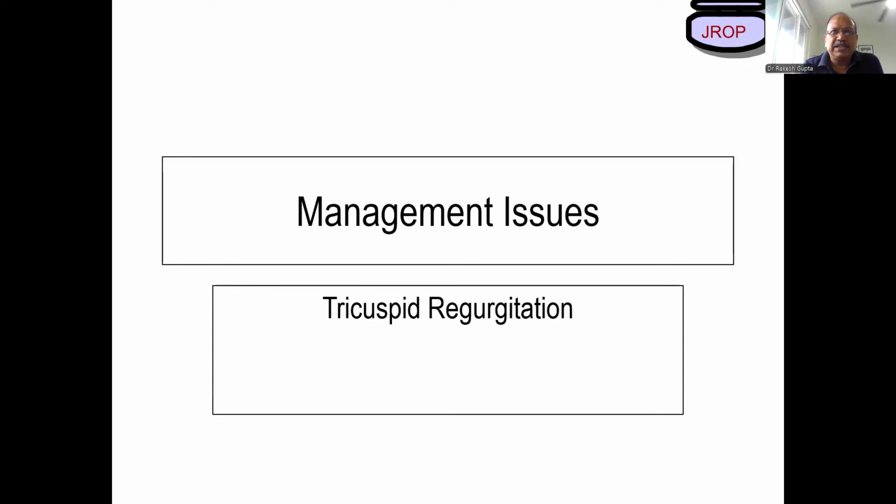Third important thing is evaluation. The most prominent thing is identification of the leaflets which are causing these problems. Evaluate them, but the most important thing at your level is the vena contracta. Second important thing would be forward flow velocity with reversal of flow in hepatic veins.